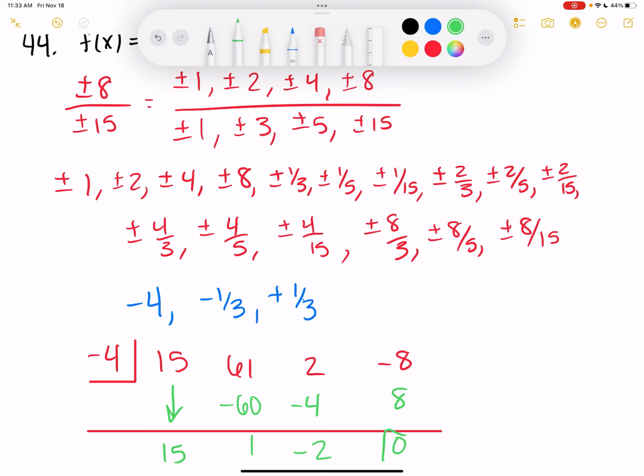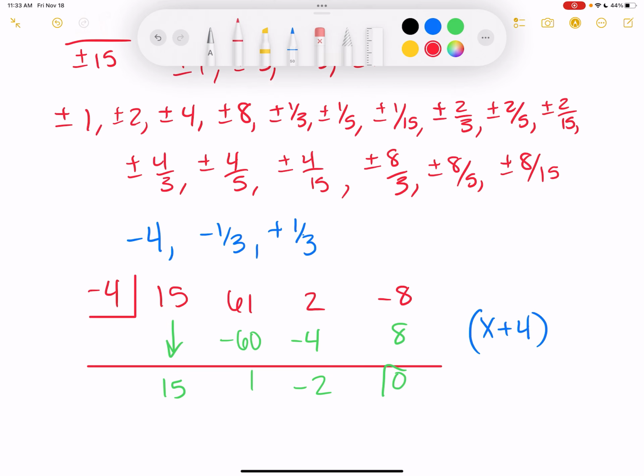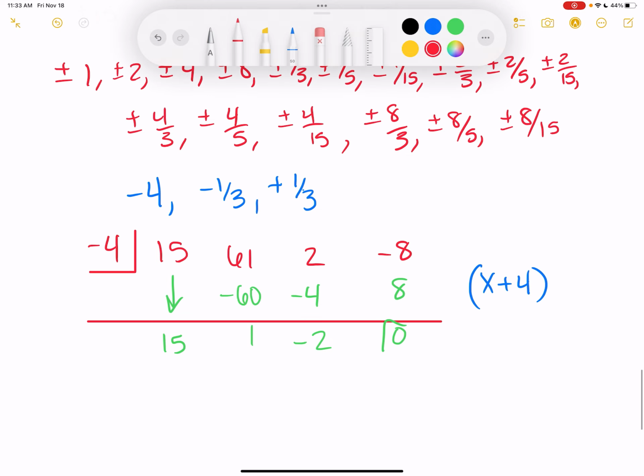So x plus 4 is one of my factors. So I now have 15x squared plus x minus 2. So factors of negative 30 that add up to 1.